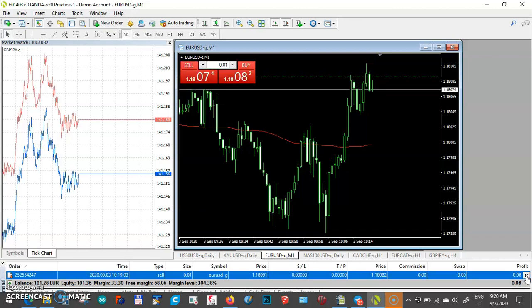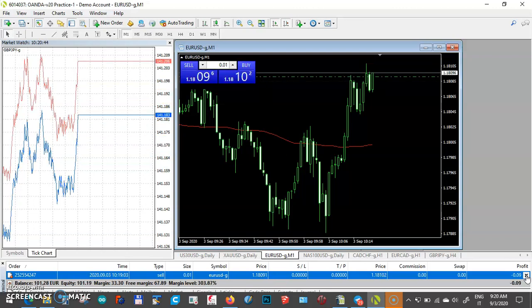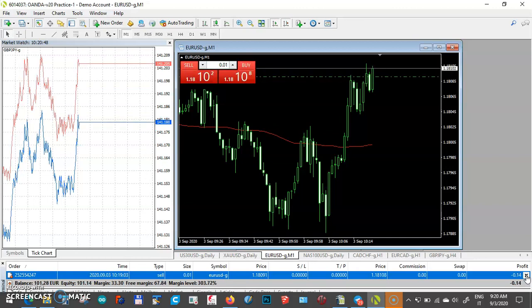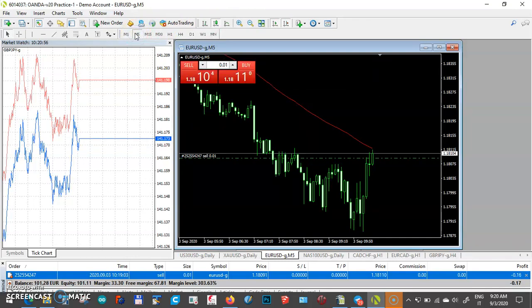Sometimes I'm not sure about the market, and I think I'm going to close this trade because it is going long. I waited too much, and now I have to wait to see the M5.